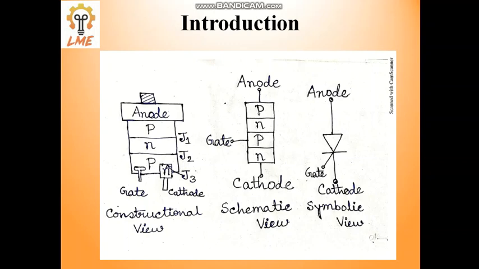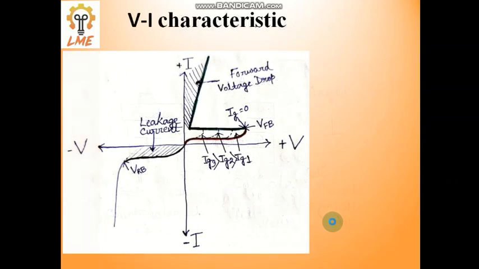But in case of SCR, a man can go north to south only when the signal is green. If the signal is red, nobody can go north to south. Only when the signal is green, meaning the gate is triggered, will current flow, meaning the man will go north to south. This is also a unidirectional device, and this is the symbolic view of SCR.